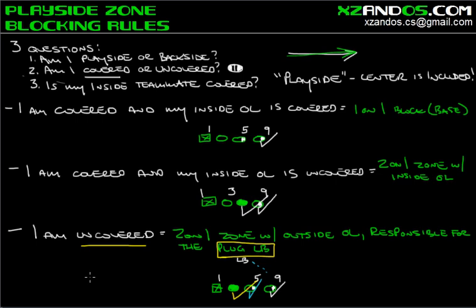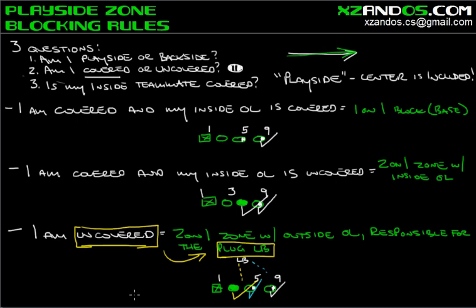But if the linebacker comes downhill hard into that B gap, so let's say that LB comes downhill hard right now on a blitz or some type of stunt right now, okay, the uncovered man is responsible for that plug LB.